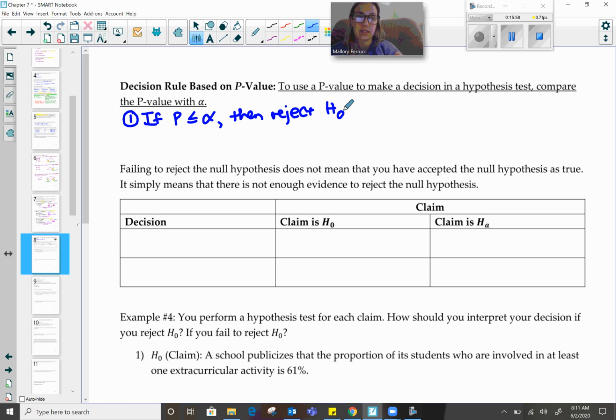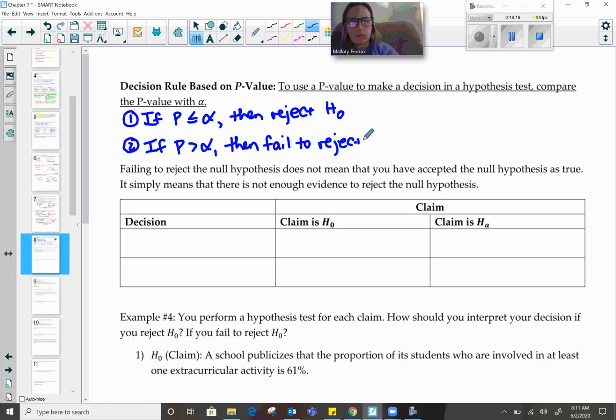Because that would mean it's unusual if it's smaller than it. But then if p is greater than alpha, then fail to reject the null hypothesis. Okay, failing to reject the null hypothesis does not mean that you have accepted the null hypothesis as true. It simply means that there is not enough evidence to reject the null hypothesis.